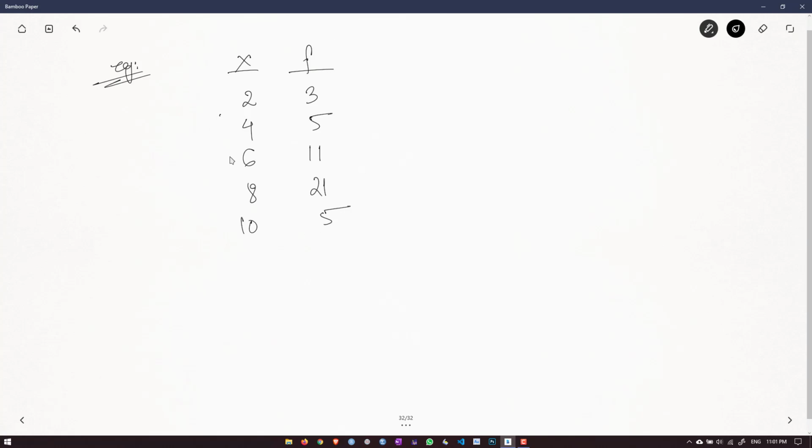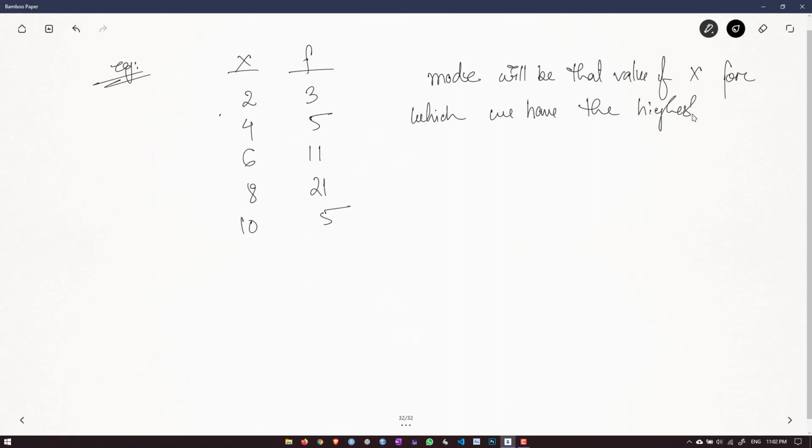So this is a discrete group frequency table. So here mode will be that value of x for which we have the highest frequency, right?